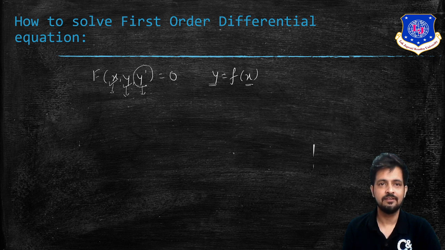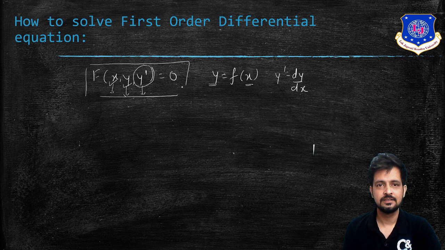It is the derivative of first order, so I have taken here y dash. Here y dash is also written as dy by dx. So this type of equation is the form of a first order differential equation.